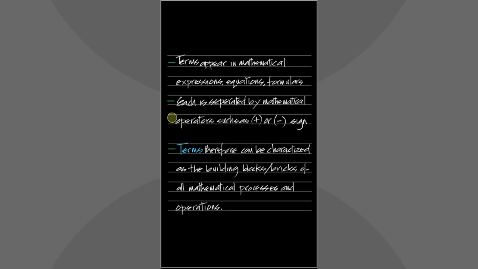Therefore, we can generally characterize terms as the building blocks or bricks of all mathematical processes and operations. So in every mathematical operation or process, you will always find that there are terms in those processes that build the process.